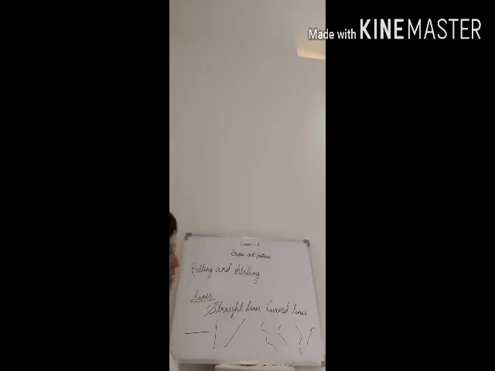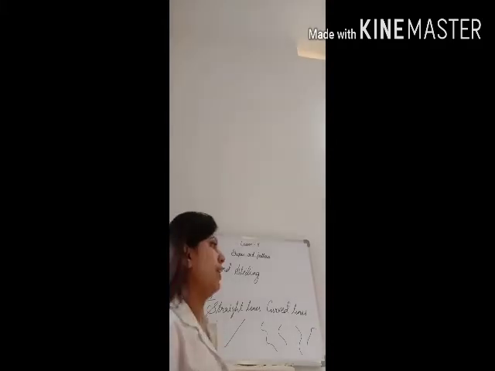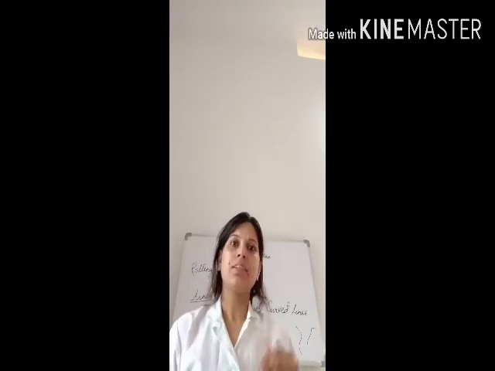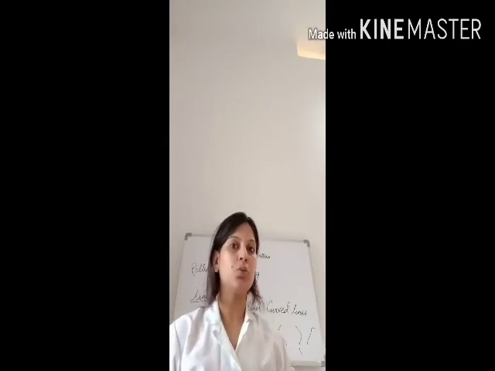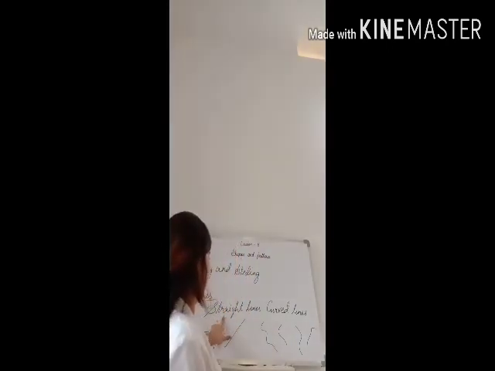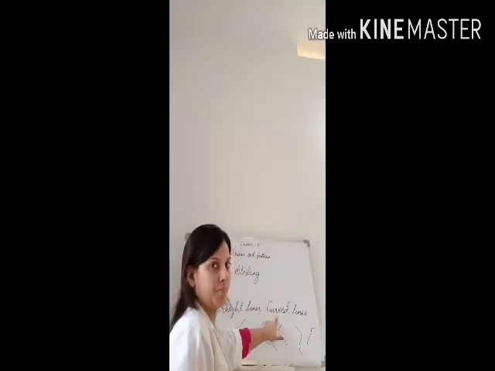The next is line. So when you are a small kid, you use your pencil and draw anything in any way. Okay, but in class 1 you have to know that lines are divided into two parts. One is a straight line, one is a curved line.